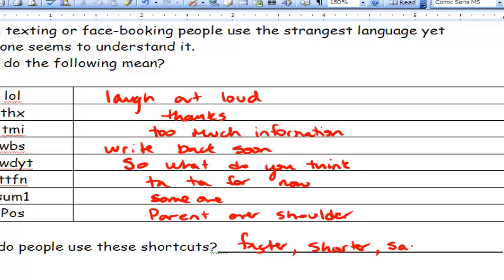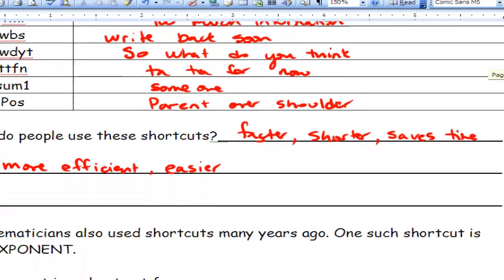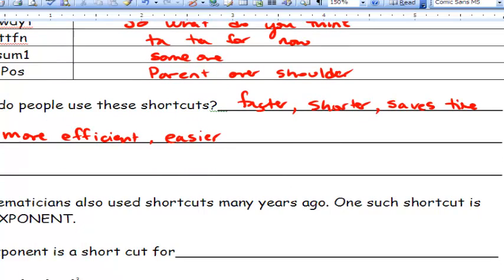It saves time, and it's more efficient. It's also easier. It may not be easier, though, to understand what people are actually saying.